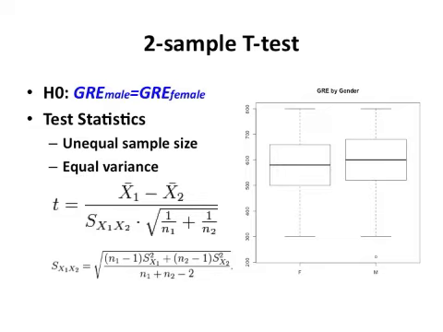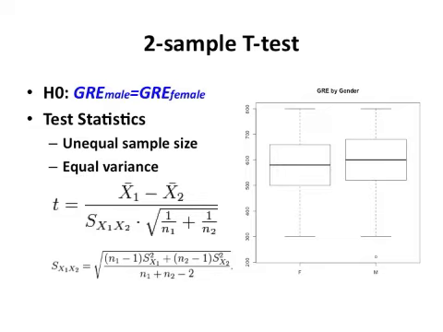Then the difference ideally should be 0 if H0 is true. Am I right? If the mean difference is far from 0, that provides us some strong evidence in rejecting this H0, suggesting that there is a difference. That's the philosophy.